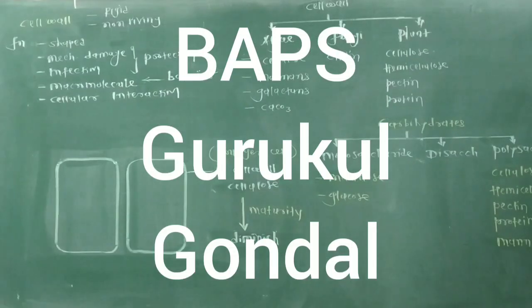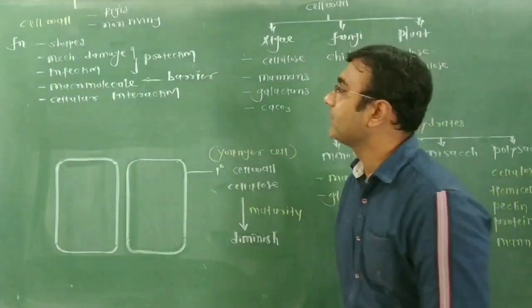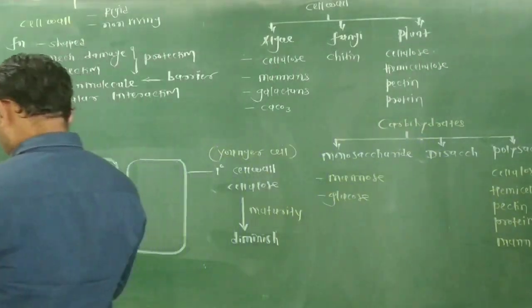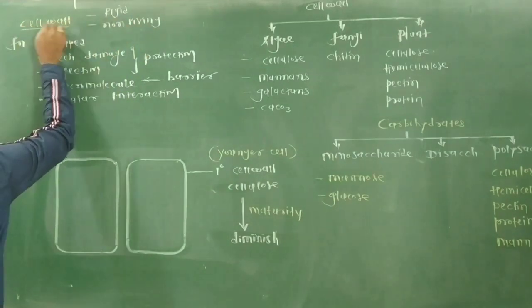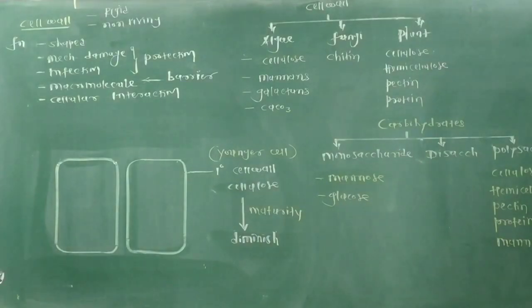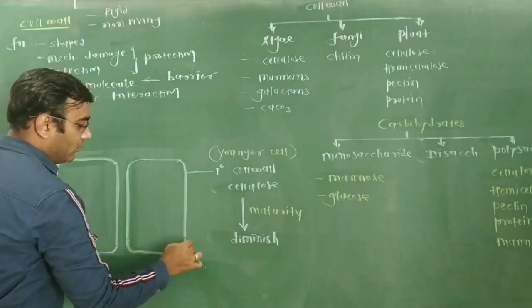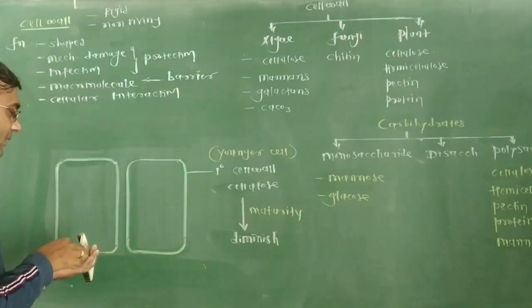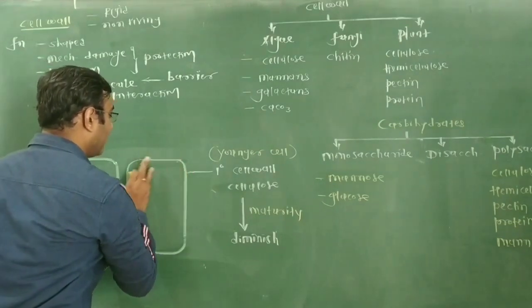After the structure of plasma membrane and their function, now we are going to learn the structure of the cell wall, their different modifications and their function. Cell wall, we know, is the outermost boundary of a cell, situated outside the plasma membrane.